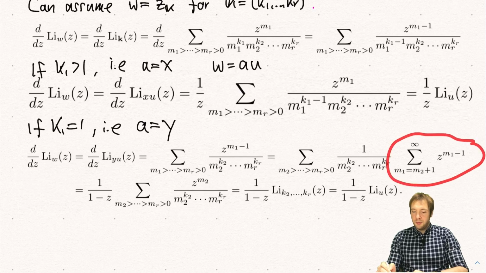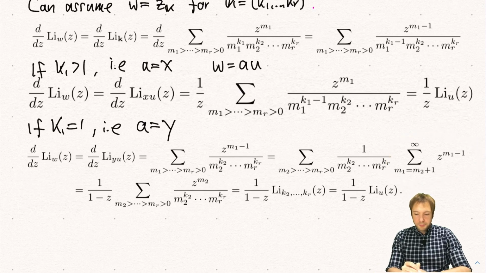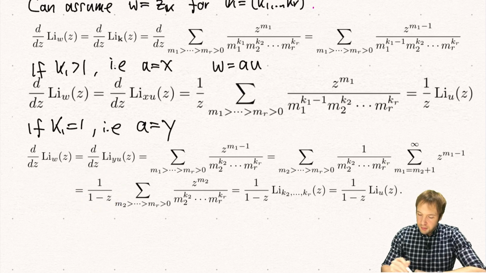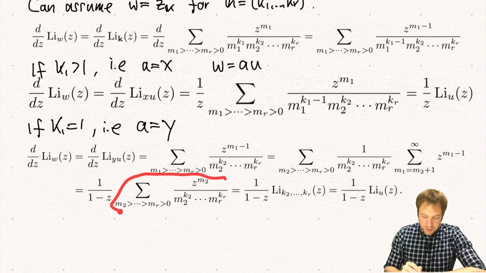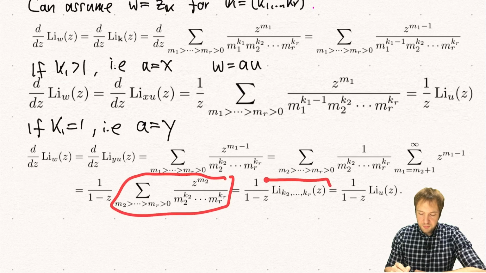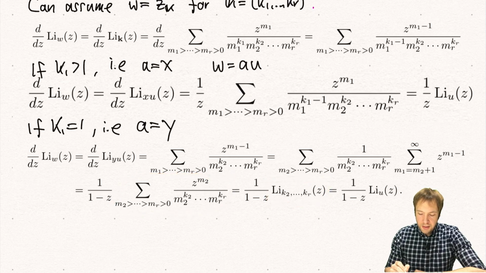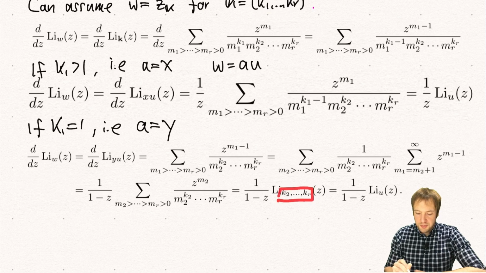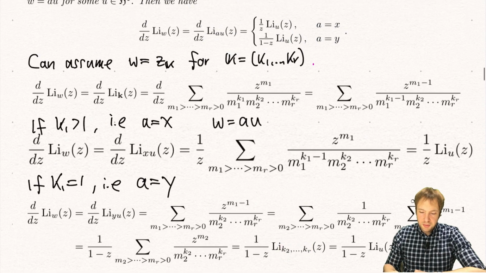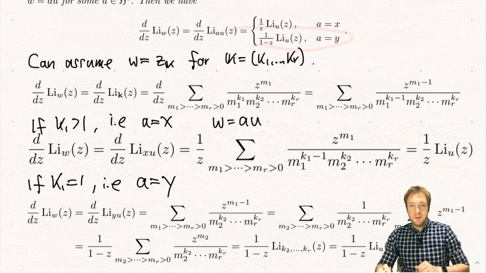And this is just, we can use again the geometric series, which just gives this part here. And this again is just the multiple polylogarithm of Li u. And since k1 is 1 here, u just corresponds to the index k2 up to kr. So this proves the second statement here.